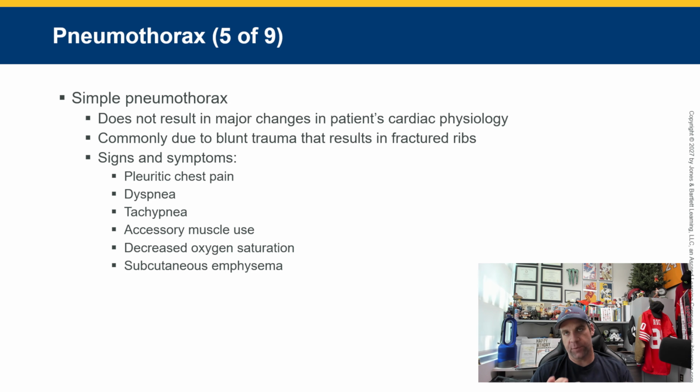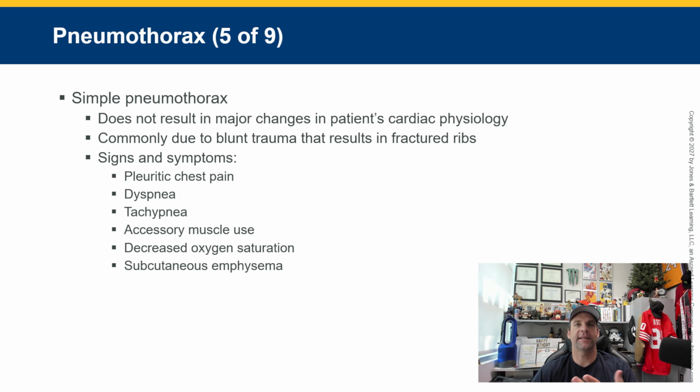Now, a simple pneumothorax is one that has not produced major changes in the cardiac physiology. But again, the word simple just describes the physiologic effect. It doesn't necessarily mean that the injury is not important or not critical. Okay. Now, these injuries commonly follow a blunt trauma where a fractured rib damages the pleura or the lung itself. Early findings for this one, you're going to have sharp pleuritic pain.